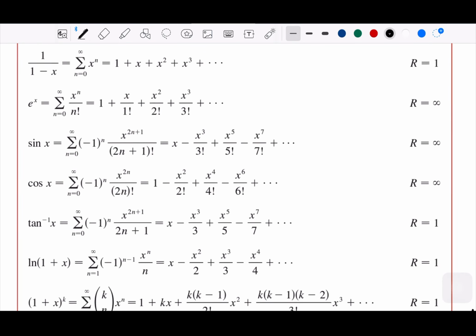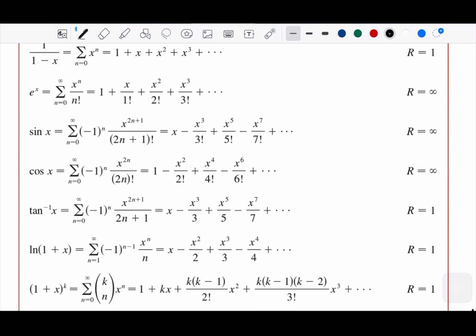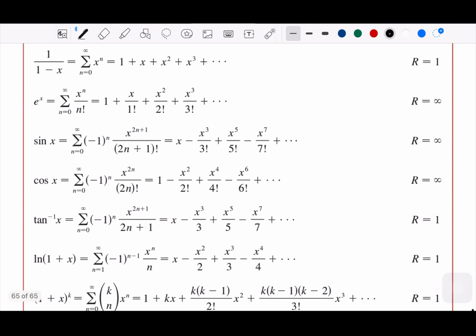So start from the very basic one, 1 over 1 minus x, e to the x, sine x, cosine x, the tangent inverse, the ln(1 plus x), and the binomial series at the bottom, which I think we don't discuss very often. So I think we can just focus on the 6 basic functions up until the ln. So from the top until the ln here.